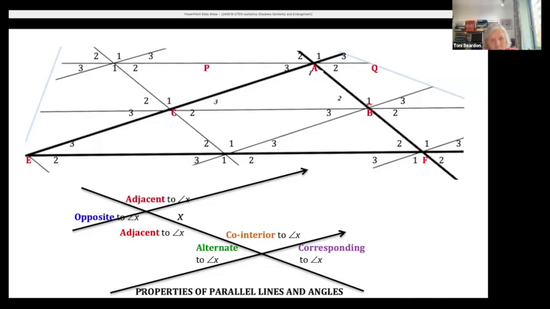Co-interior angles, this one is co-interior to angle X, and alternate angles, if that is X, then this one is alternate to angle X.